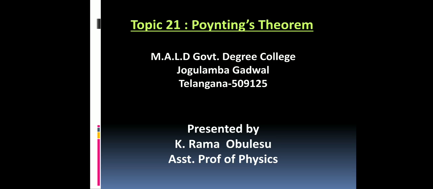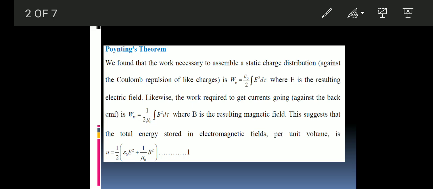For that, the work necessary to assemble a static charge distribution is W_E equals epsilon naught by 2 integral E squared d tau, where E is the resulting electric field.